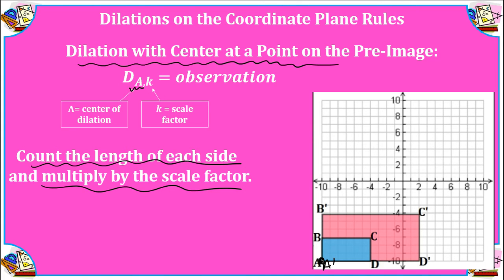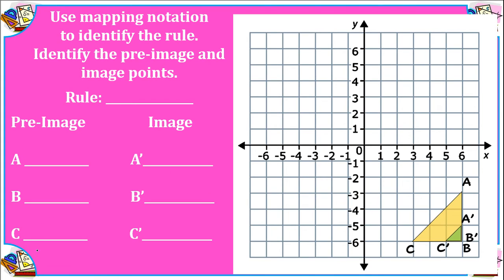You can see that AB is 1, 2, 3 units, and A prime B prime is 1, 2, 3, 4, 5, 6. So it is 6 units. Therefore, for the scale factor, we compare the new length to the original length. So we have a scale factor of 2, and everything's being pushed away from A. So that is our center point.